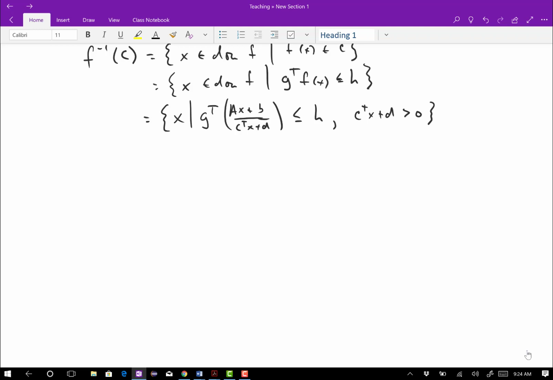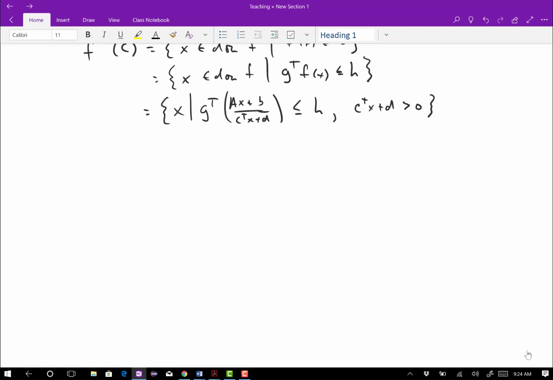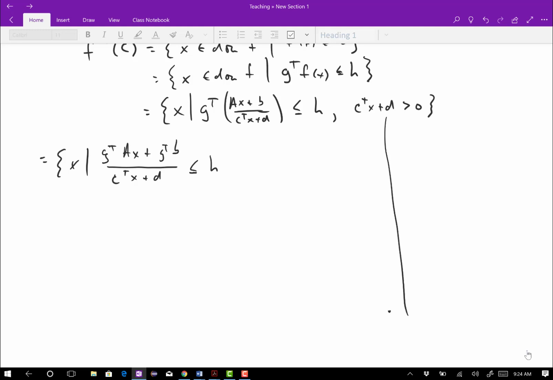So first thing I want to do here is I am going to multiply through the G transpose here. So it's going to be x's such that G transpose ax plus G transpose b over C transpose x plus d is less than or equal to H. This domain constraint is just going to carry through.